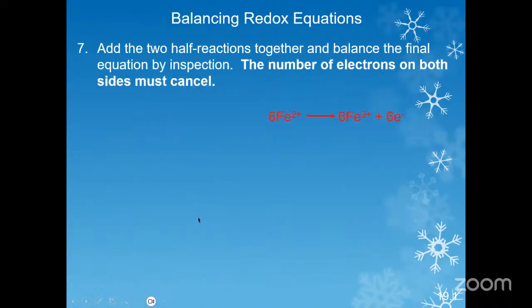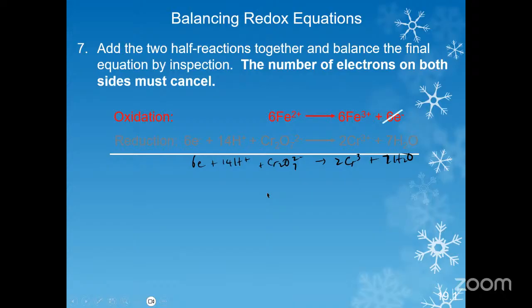So again, let me just rewrite: 6 electrons plus 14H+ plus Cr2O7 2- to give 2 Cr3+ plus 7H2O. All right? So you're going to add this equation to this equation, and the 6 electrons will cancel out here and here.